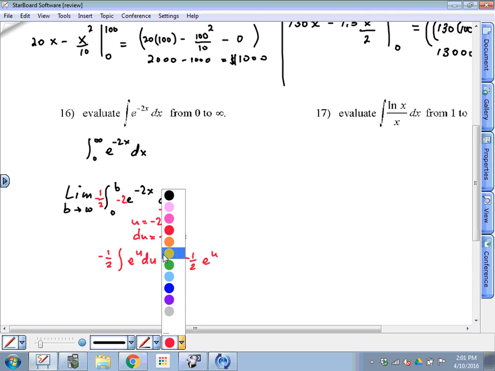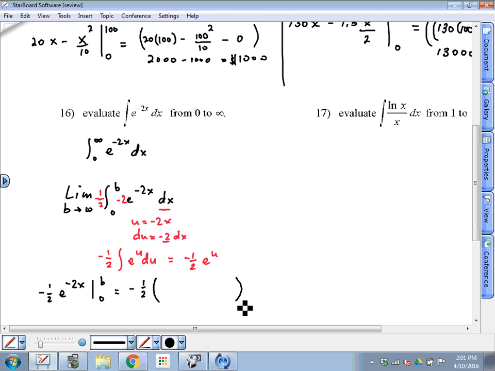So going back, we have negative 1/2 times e to the negative 2x evaluated from 0 to b. So negative 1/2 is just the coefficient, so I'm going to pull that out front and evaluate the antiderivative at the upper bound and lower bound.